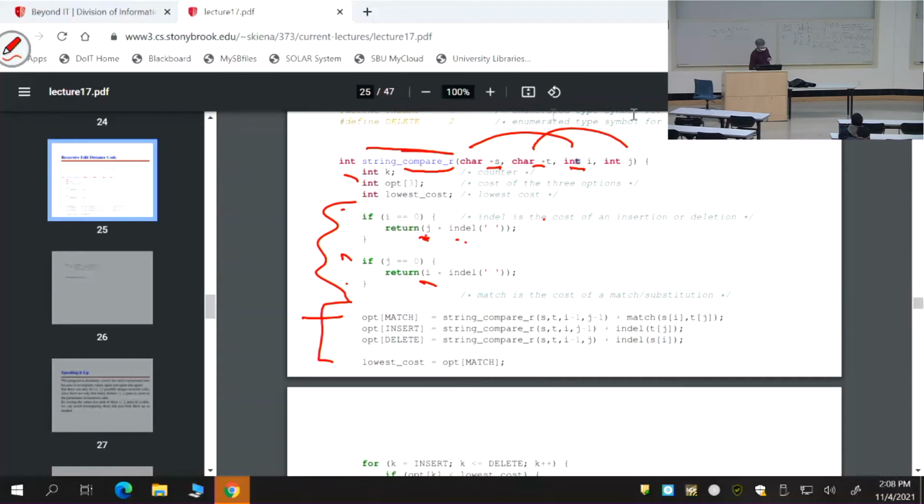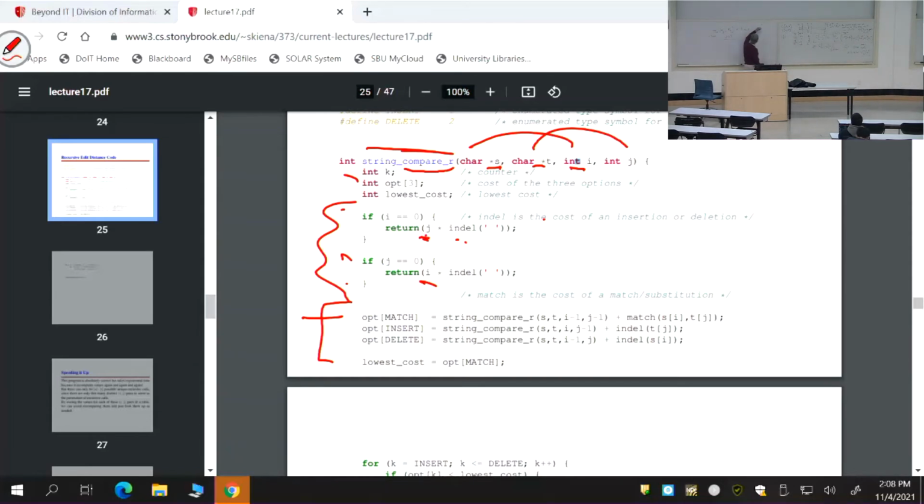This is a recursive thing. What's going to happen when I make the recursive call?